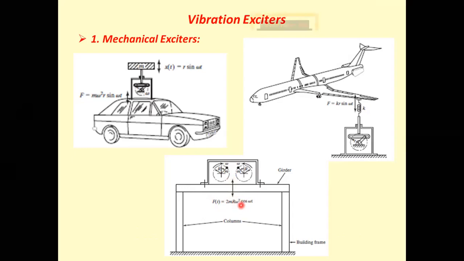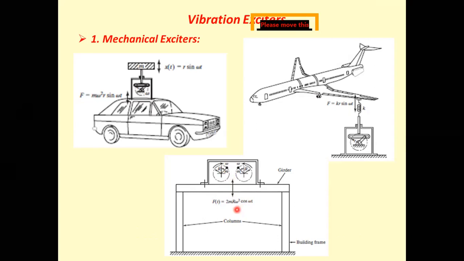So the vertical force is 2m r ω² sin ωt. It is not cos ωt, it is sin ωt. Where m is the rotating unbalanced mass, ω is the angular speed, and capital R is the radius of the crank.